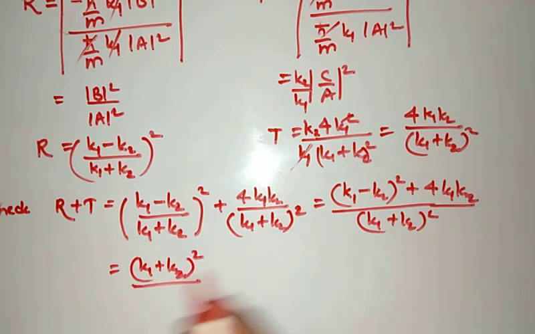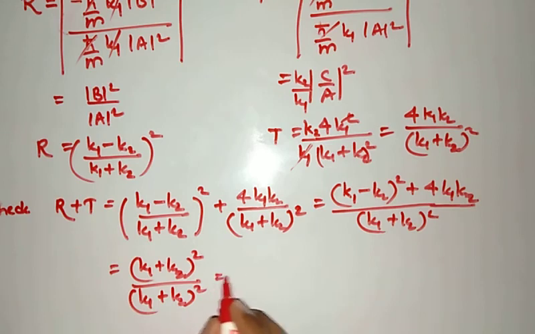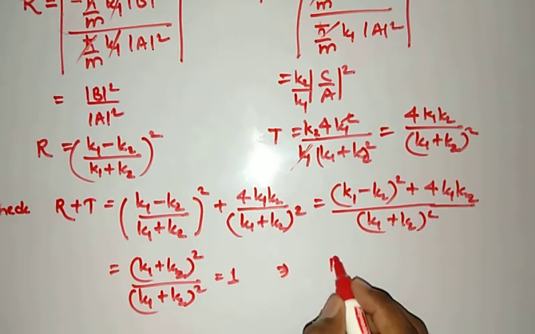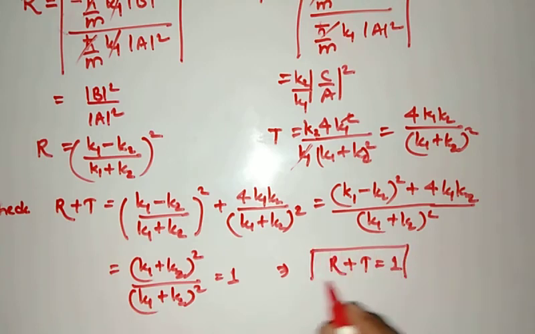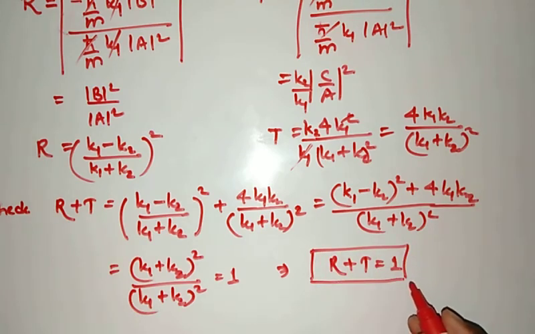So using factorization, this is (k1 plus k2) square, which gives 1. Thus R plus T is equal to 1. This means that our relation is correct.